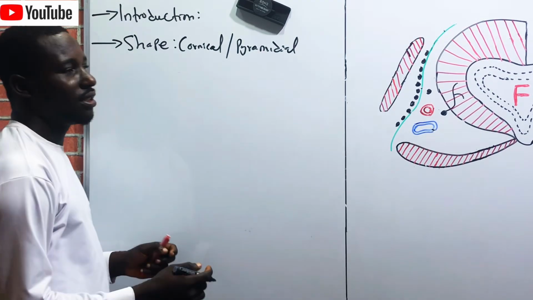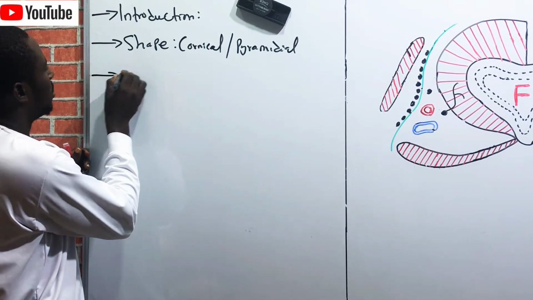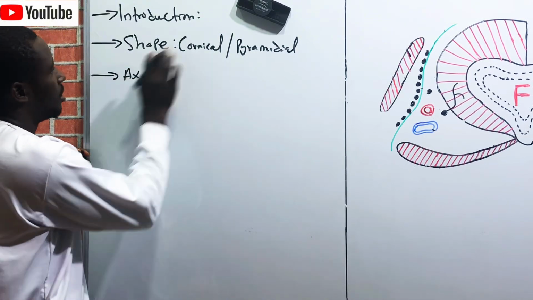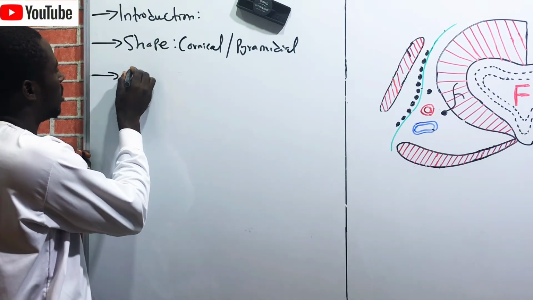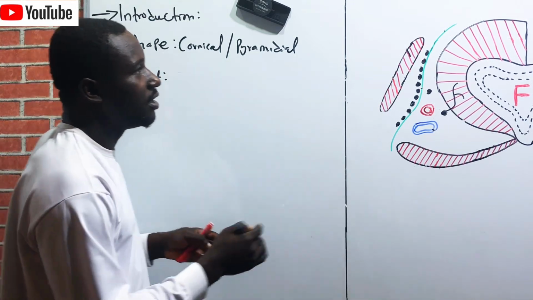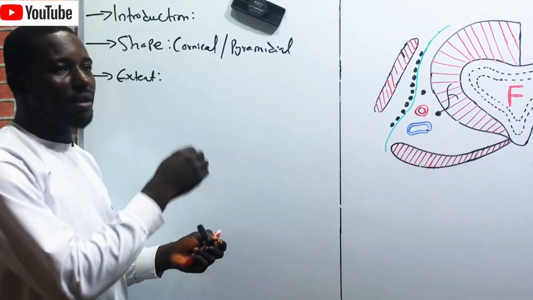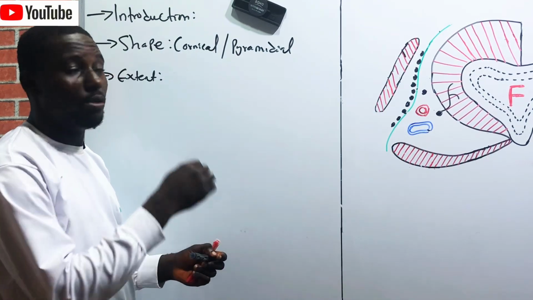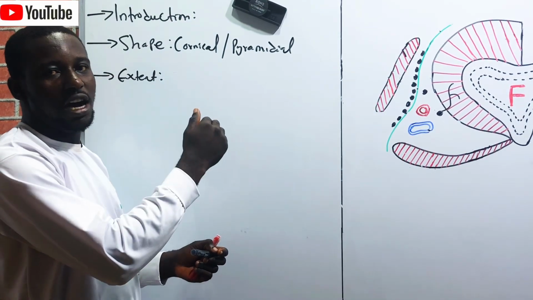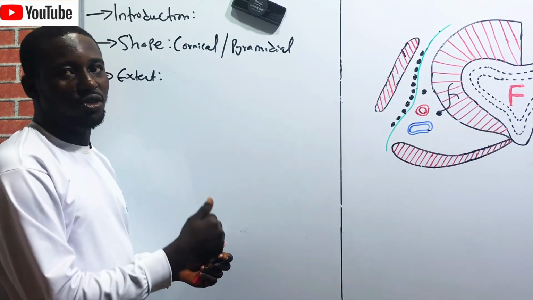Up next is the extent. What is the extent of this adductor canal? The adductor canal extends from the apex of the Scarpa's triangle, that is the femoral triangle, above, to the tendinous tunnel of the adductor magnus below.